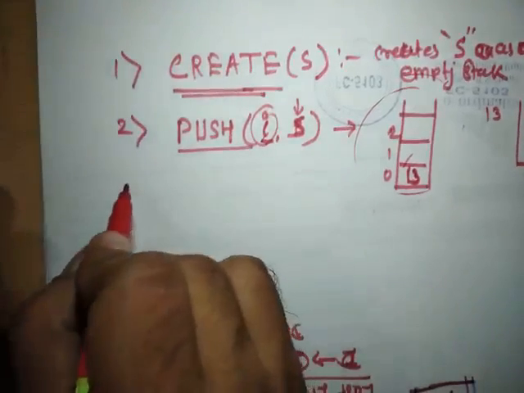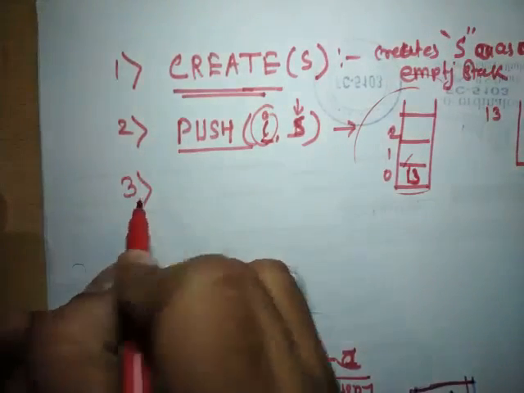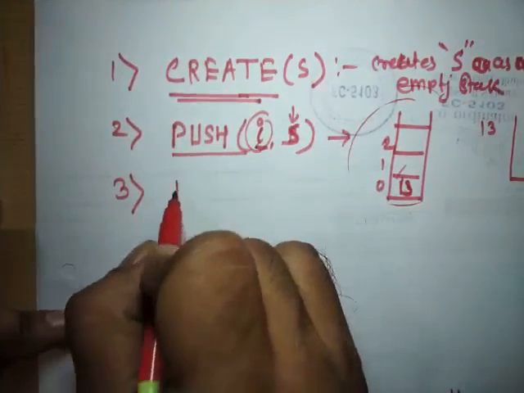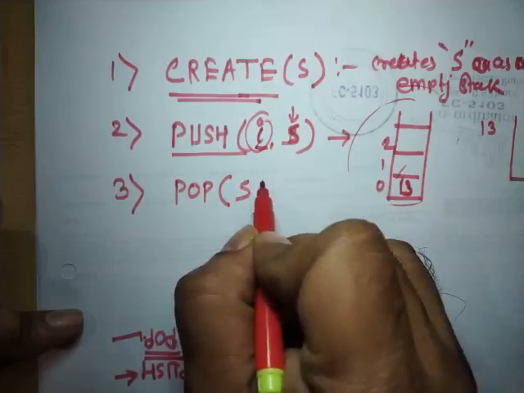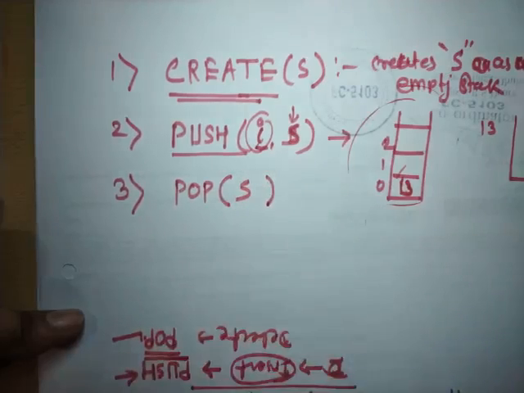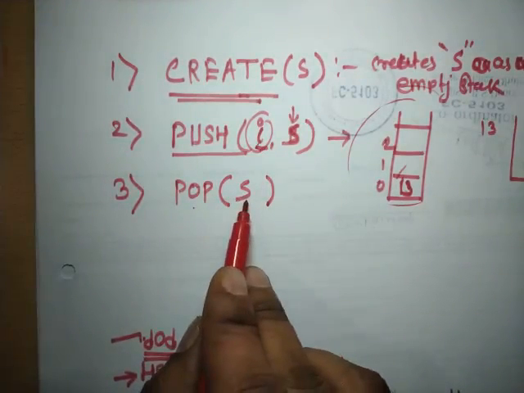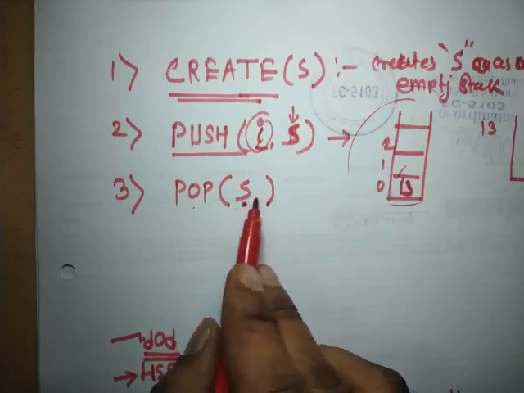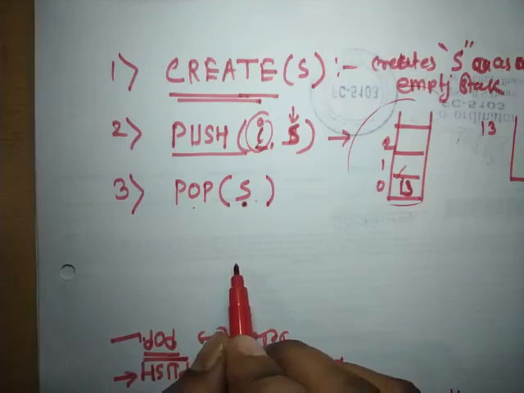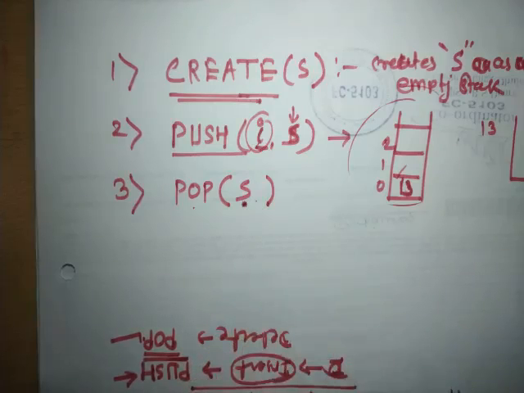Then the third operation we are going to see is pop. This operation takes a stack as input and removes the topmost element and returns a new stack.